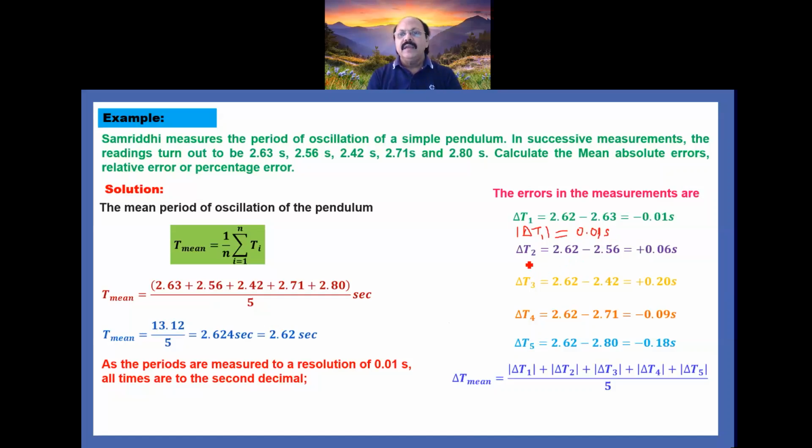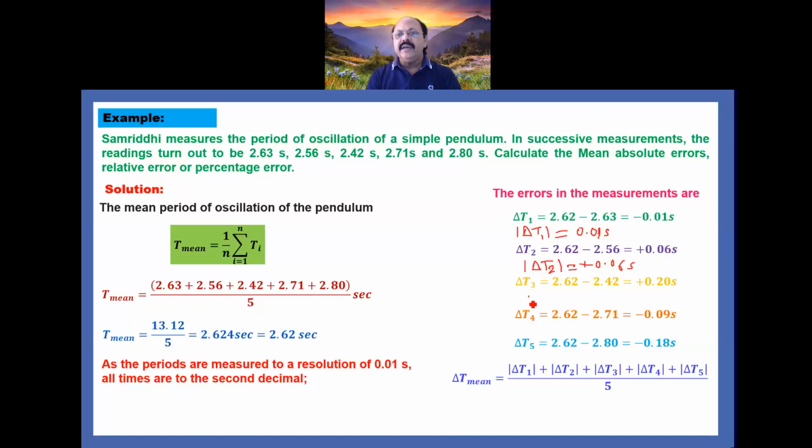Similarly, since delta T2 is a positive value, the mod also comes the same, plus 0.06 second.